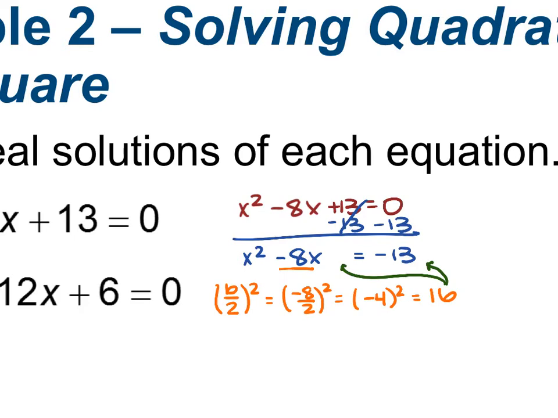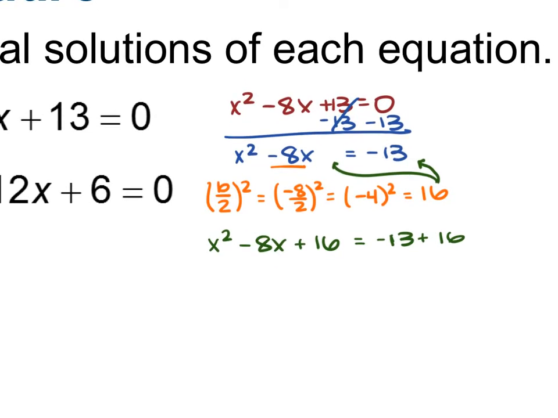So I'm just going to add in the 16 to both sides of that. So I'm going to have x squared minus 8x plus 16 is equal to negative 13 plus 16. From here, I'm going to factor my left side, simplify my right side.